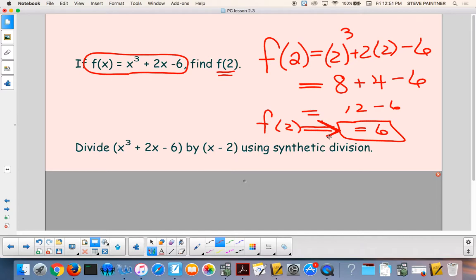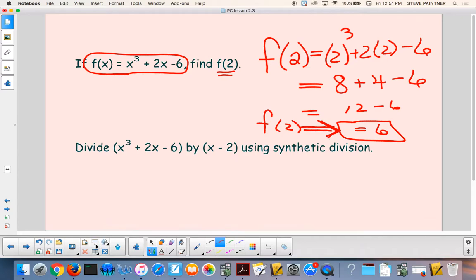Agree? Okay. Now that you did that, would you please do this? Divide this polynomial by this polynomial using what? Synthetic. I just taught you synthetic. Try it. Okay, do that. See what happens.